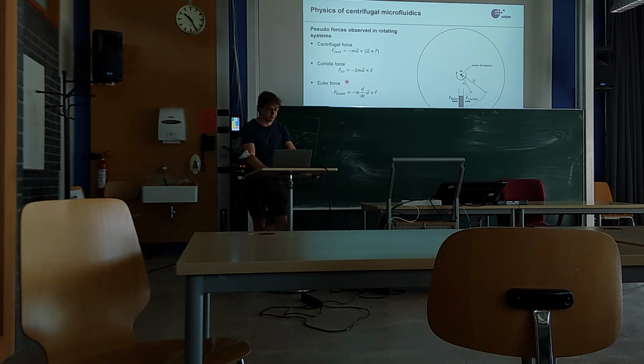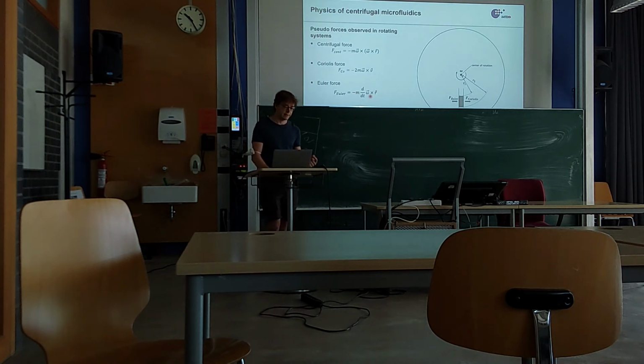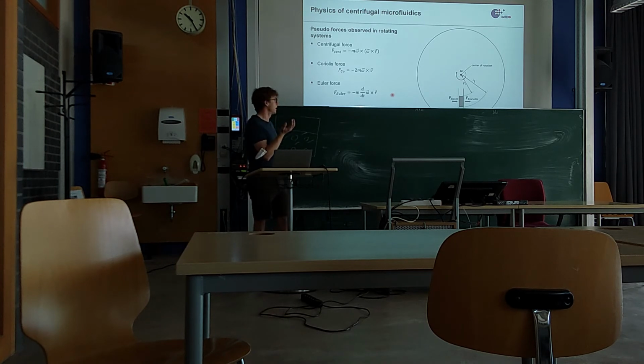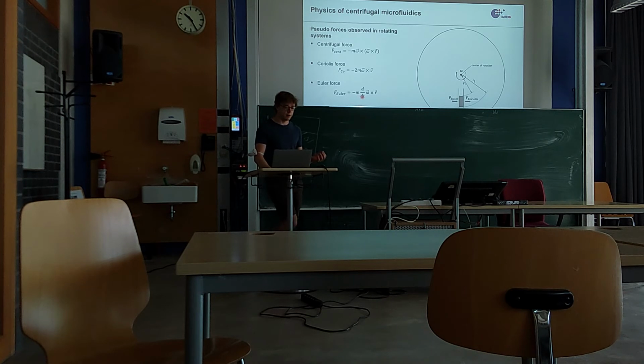And the last force is the Euler force. So once again, you have the mass and the radial position, and you have the acceleration of the rotational speed. So the idea is, you can imagine it like that, if you rotate the disk very quickly back and forth, there are Euler forces on the disk, because you use the acceleration effect back and forth again.